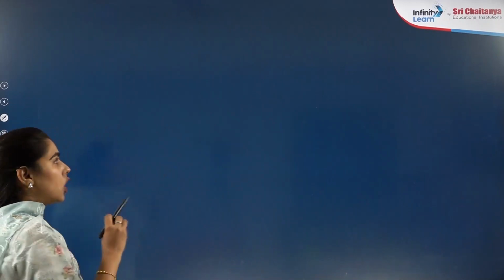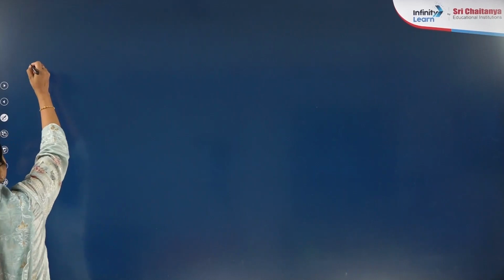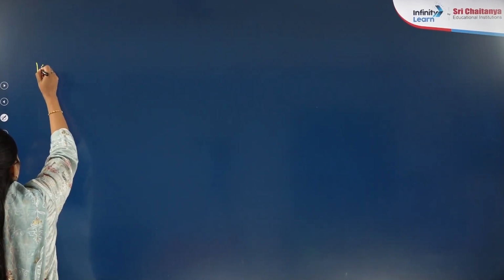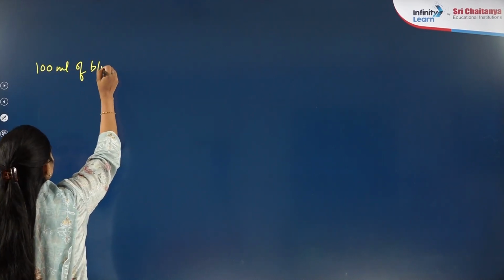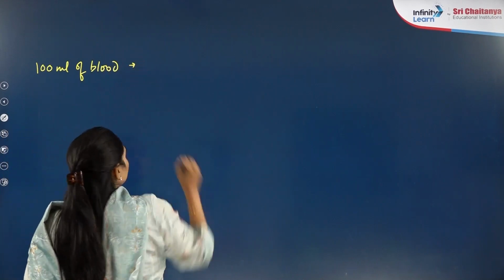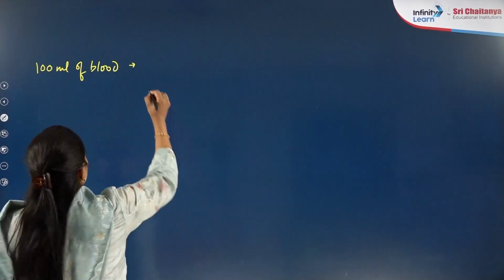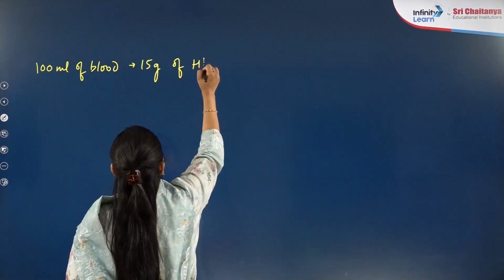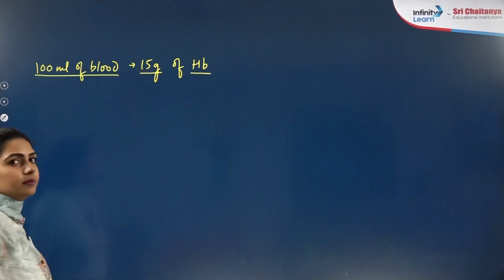But before that, let me tell you how much oxygen is carried by how much ml of blood. See, there are some values. Do you know that in your 100 ml of blood, how much hemoglobin is present on an average? Let us take the value of 15 gram of hemoglobin in 100 ml of blood.